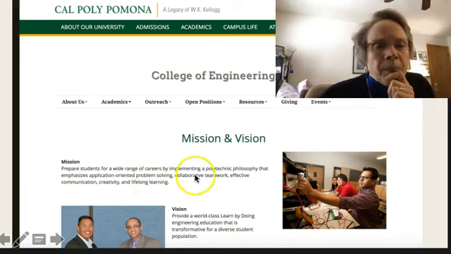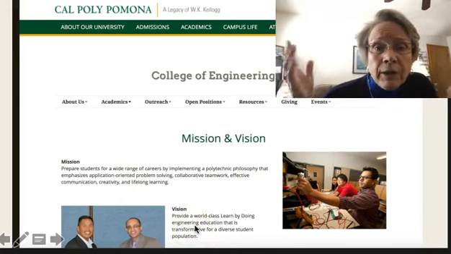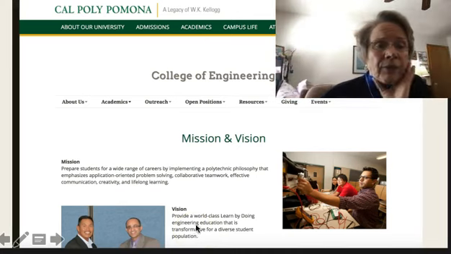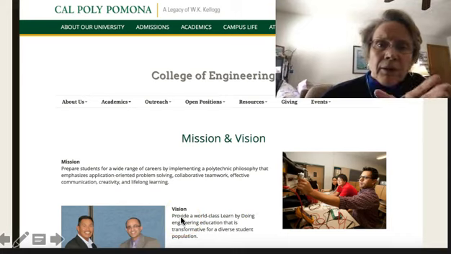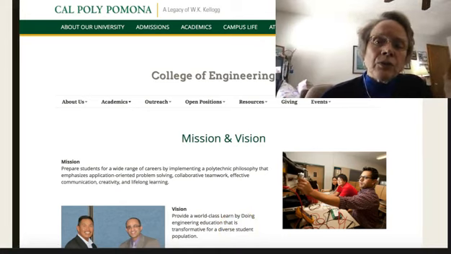And down here, part of their vision is an international, which is a type of diversity. And down here, they repeat that emphasis by talking about diverse student populations. So in this case, they're making clear that by diversity, they're including and meaning international students.